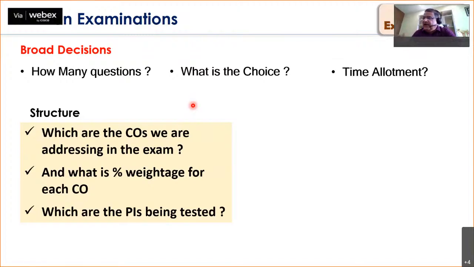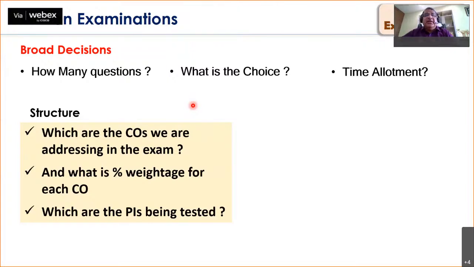Then in a hurry, the faculty members used to prepare and submit the question paper, and exams were conducted. When the evaluation was over and the result announced, teachers started calculating the CO attainment and PO attainment. Then they realized, okay, I have not asked any question related to one of the COs at all. So some PIs are missing, PIs are unmet.